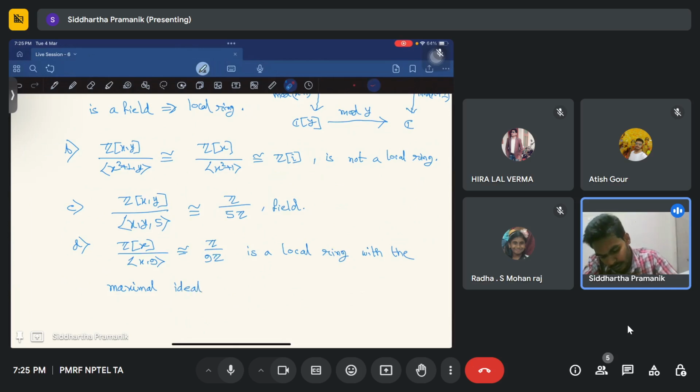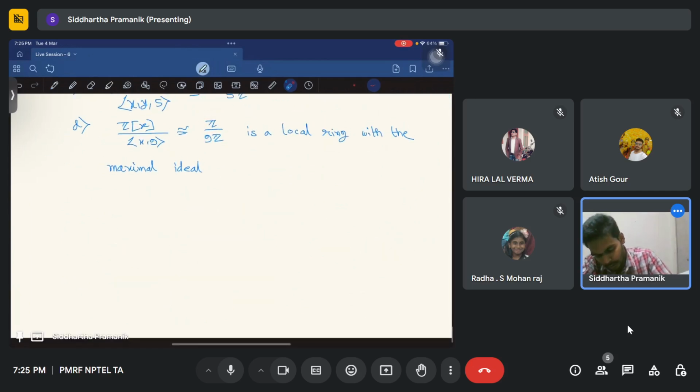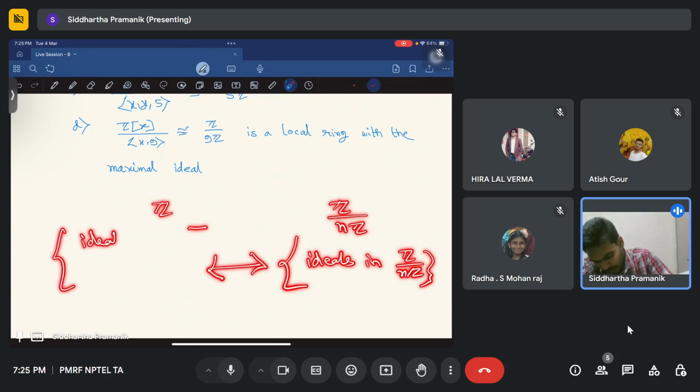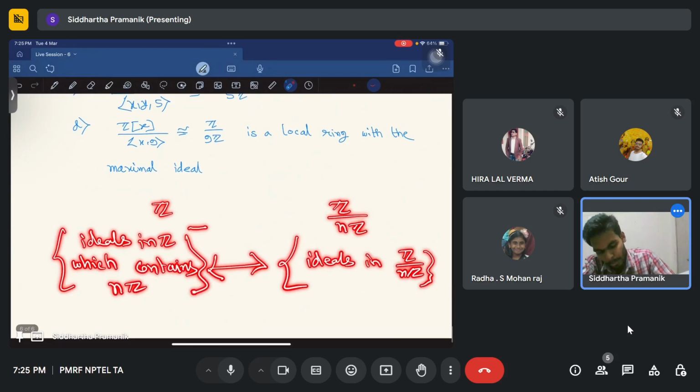how do the ideals in this quotient look? If you have Z here, let me write it here. Here you have Z and here you have Z mod nZ. Do you know the correspondence between the ideals of these two sets? Ideals in Z mod nZ correspond to ideals in Z which contain nZ.